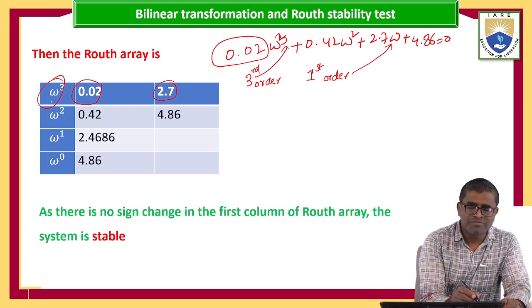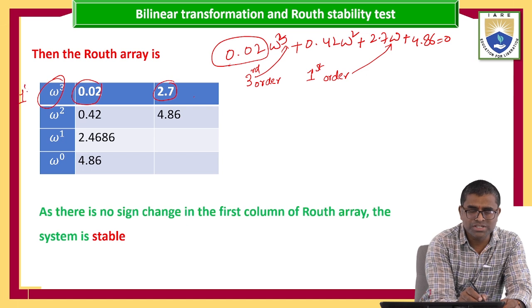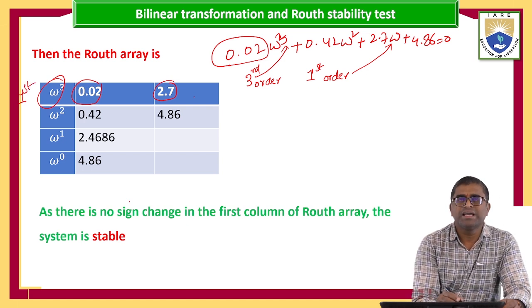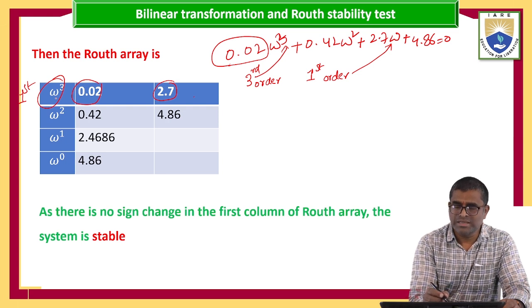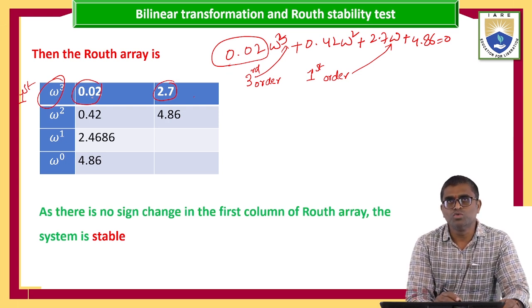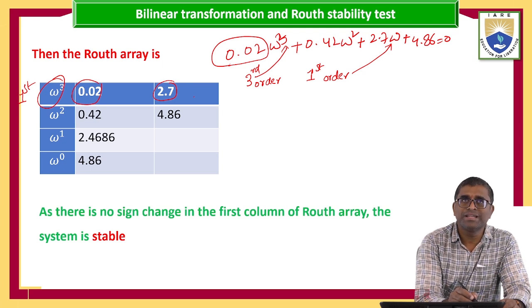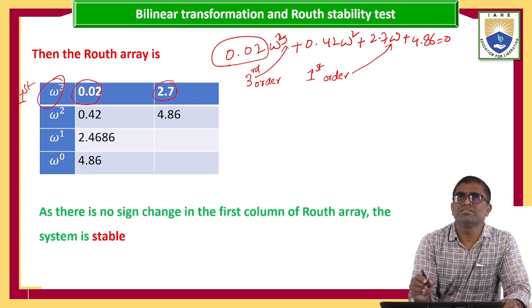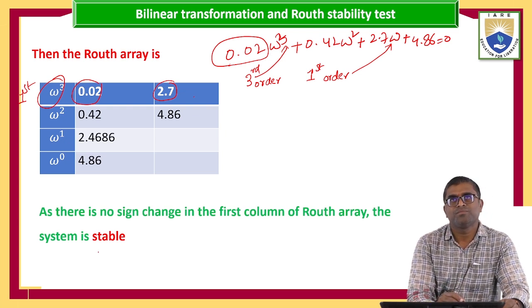So, in the first row, I am taking the highest order term, that is omega cubed. That value's magnitude is 0.02, and this is an odd order. That's why the next number is the first order term, that is 2.7, completed.